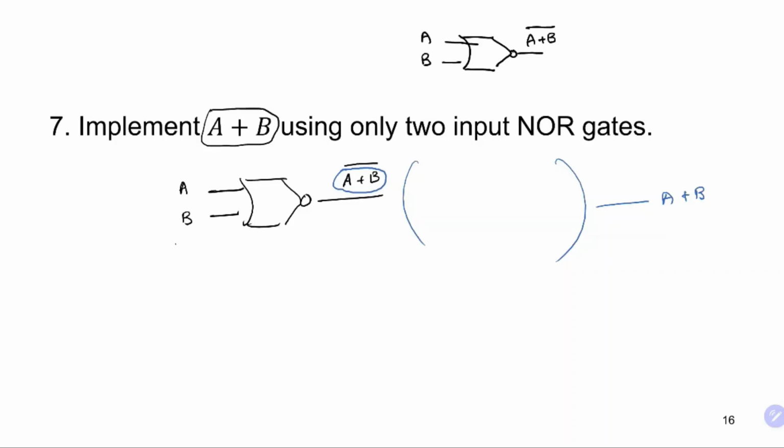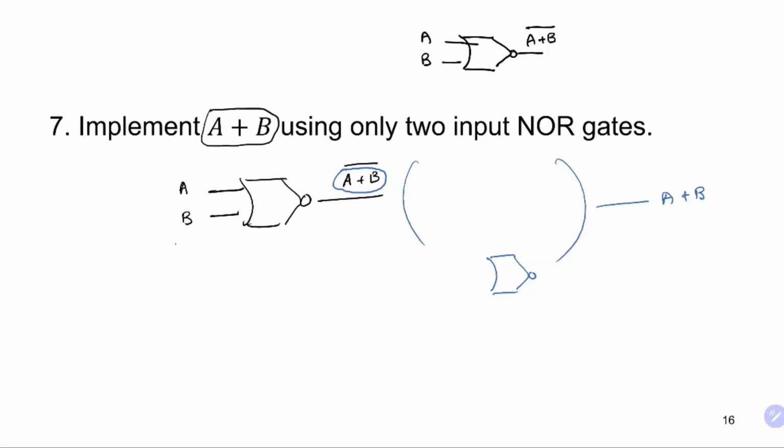But you need to use NOR gate as well. If you could use any gate, I just put an inverter there, I get A or B. Yeah? But how do I achieve an inverter function using a NOR gate?